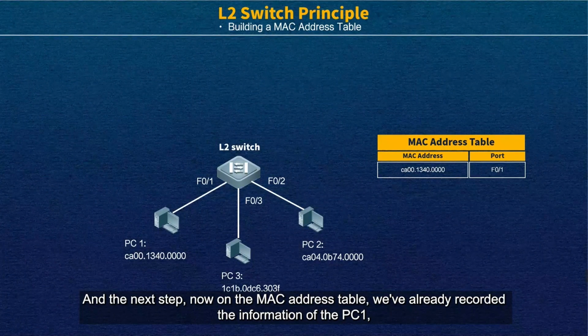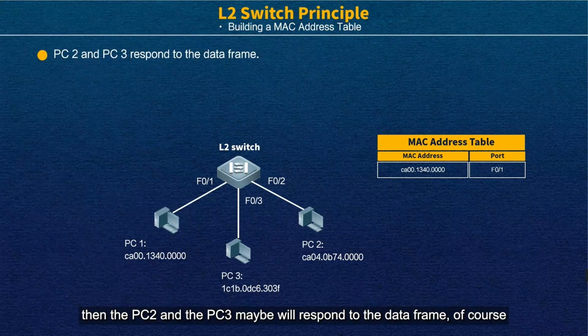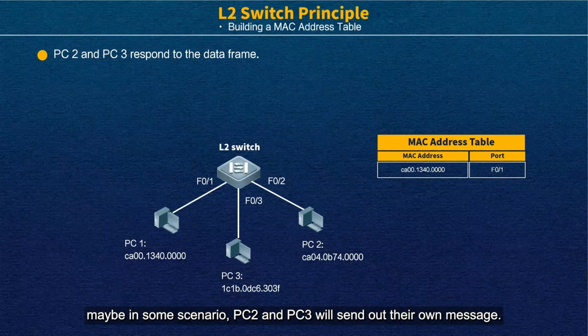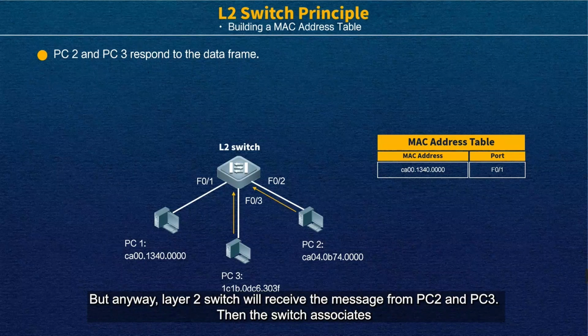And the next step, now in the MAC address table, we have already recorded the information of PC1. Then PC2 and PC3 maybe will respond to the data frame. Of course, maybe in some scenarios, PC2 and PC3 will send out their own messages. But anyway, the L2 switch will receive the message from PC2 and PC3.